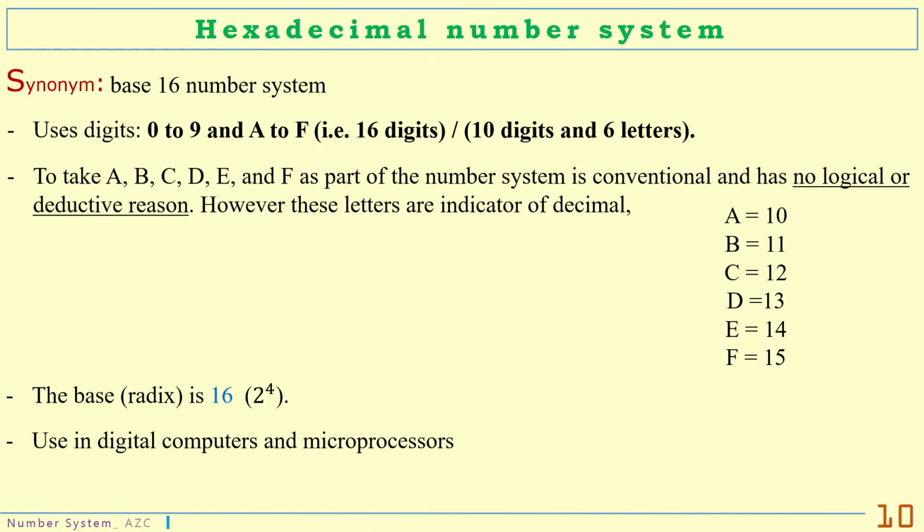To take A, B, C, D, E, and F as part of the number system is conventional and has no logical or deductive reason. However, these letters are indicators of decimal values. A equals 10, B equals 11, C equals 12, D equals 13, E equals 14, F equals 15. The base is 16. Used in digital computers and microprocessors.